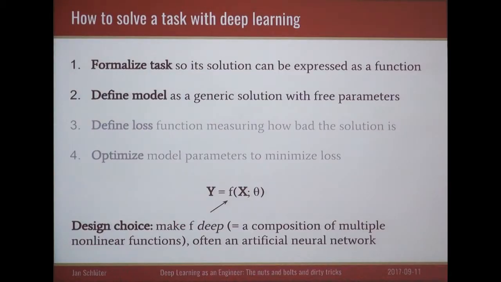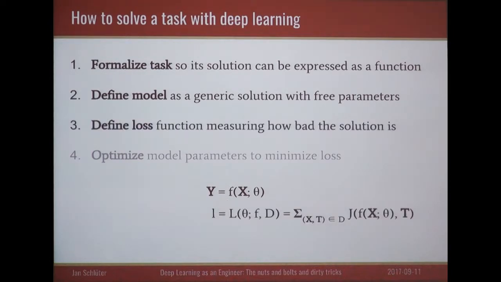Alright, so now we've seen how to build models in deep learning, and the next step is to define the loss function, which boils down to defining the penalty function that compares the prediction with some target.